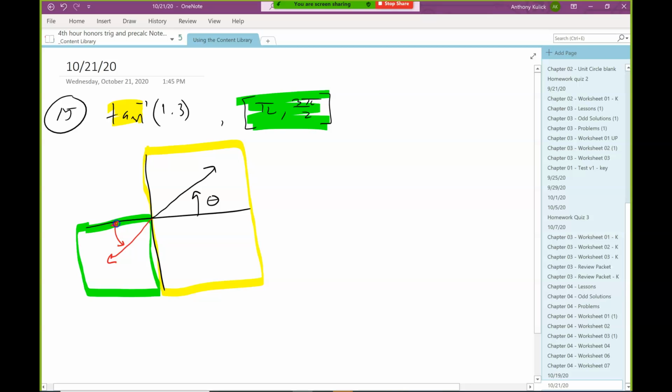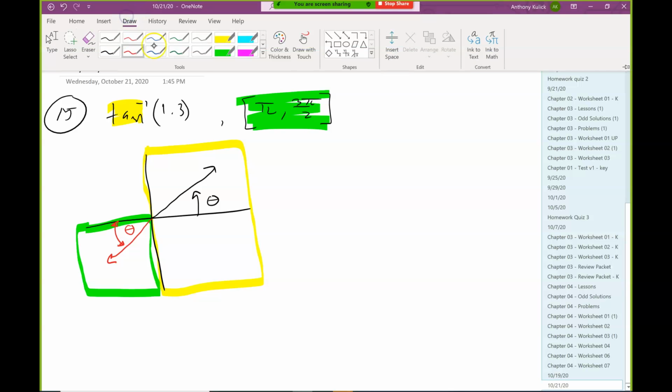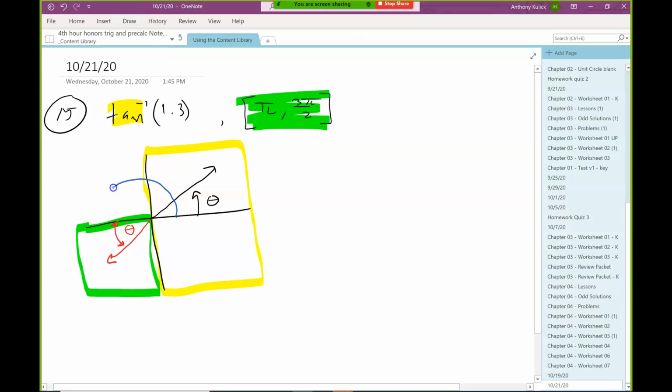And I know because of the way we define these angles of rotation that that angle is also going to be theta. Now the actual angle that I want to report is this one. I'll call that one phi. And the relationship between that angle and theta is if I go from here to here, that's pi, and then I go that much more is theta.